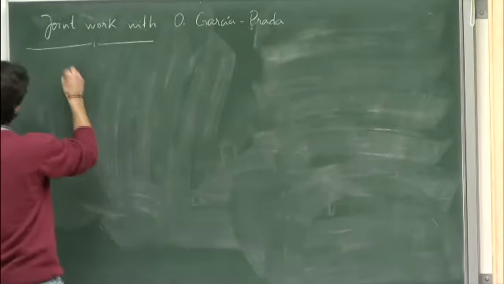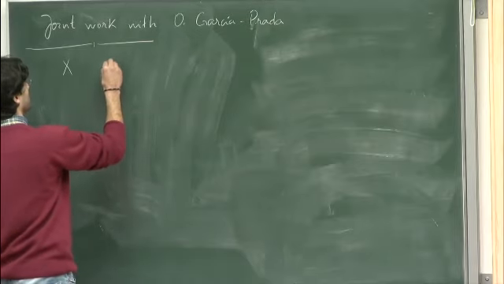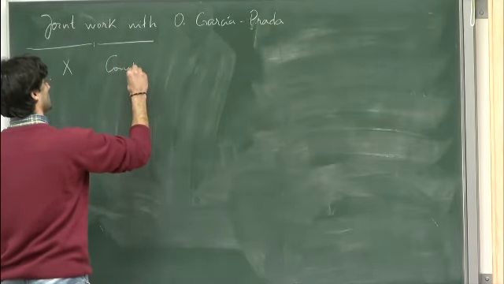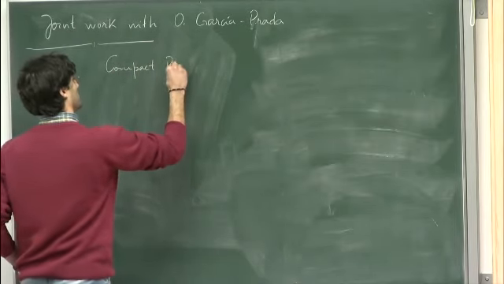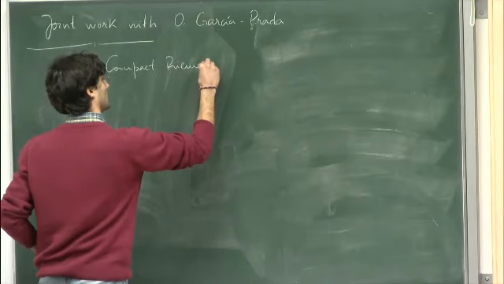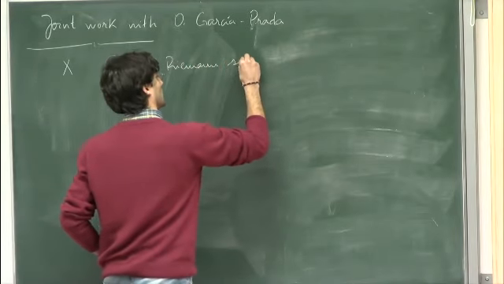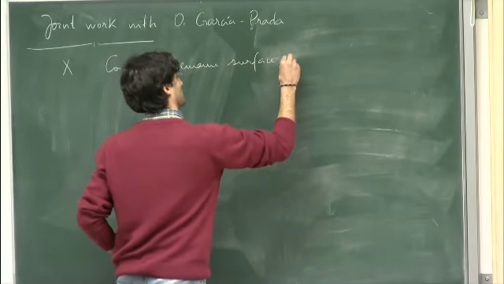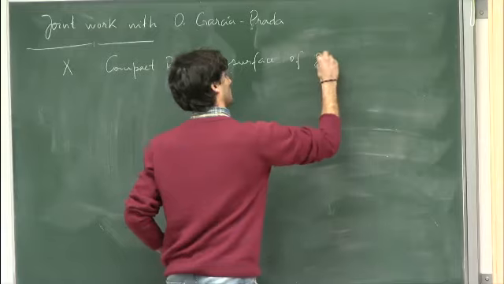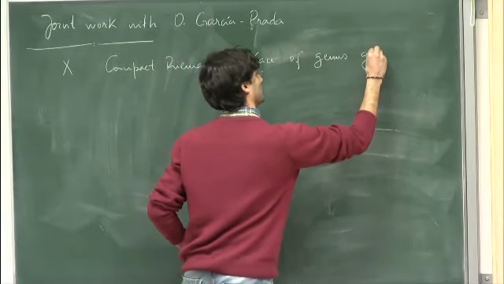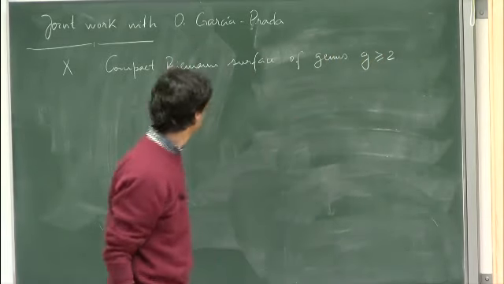So let's start with X. Let X be a compact Riemann surface of genus g, at least 2.